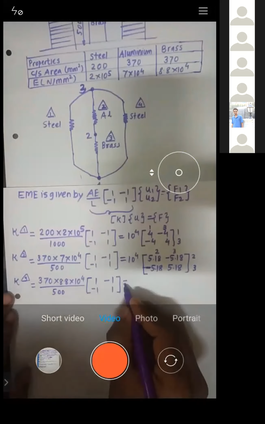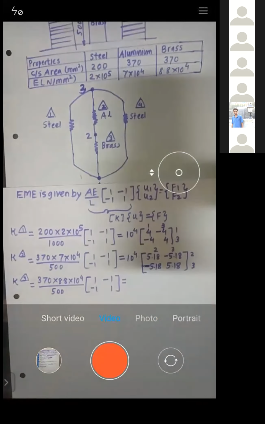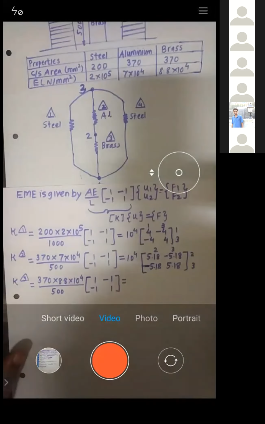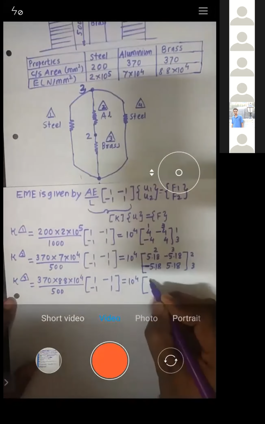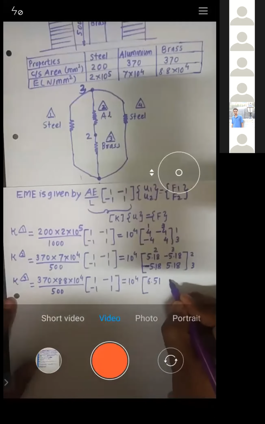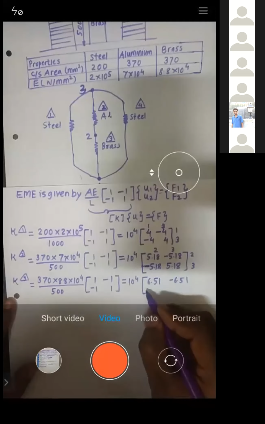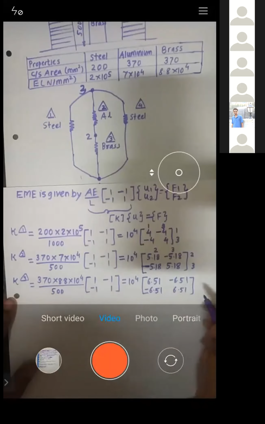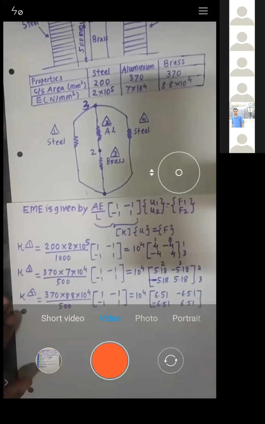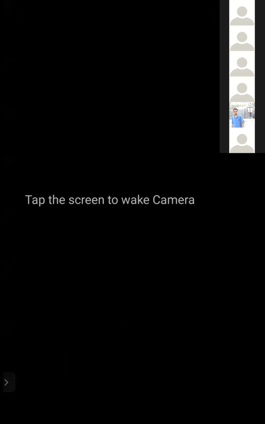So tell me how much value you are getting. 65120. So this is 6.51, minus 6.51, minus 6.51, 6.51. Is it okay with this matrix or not?